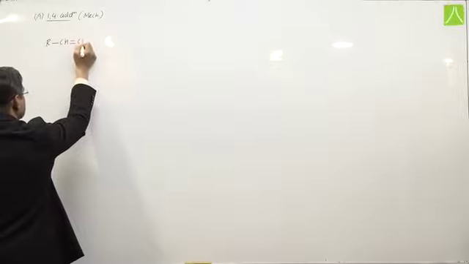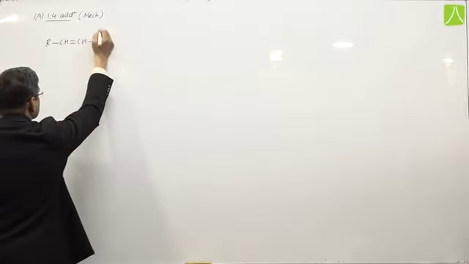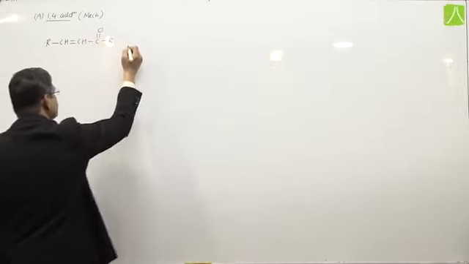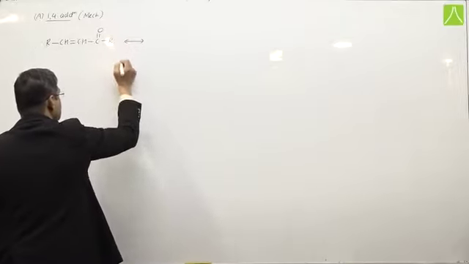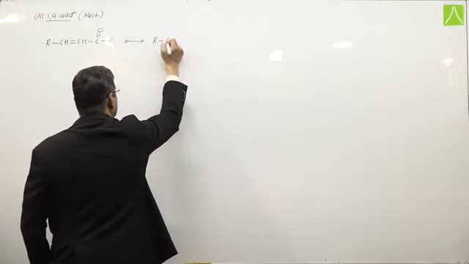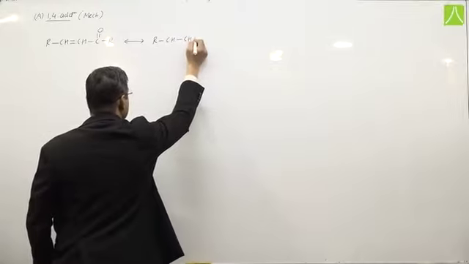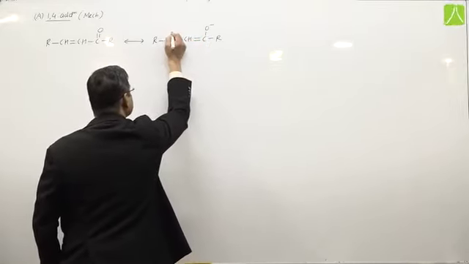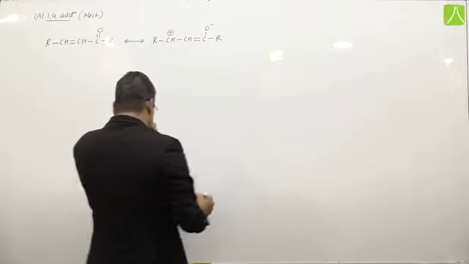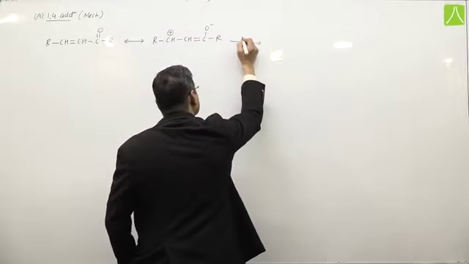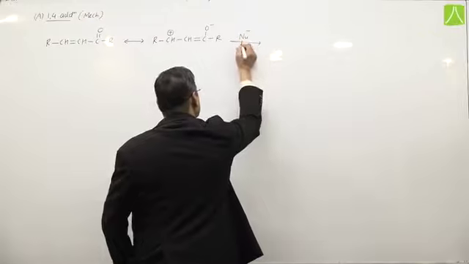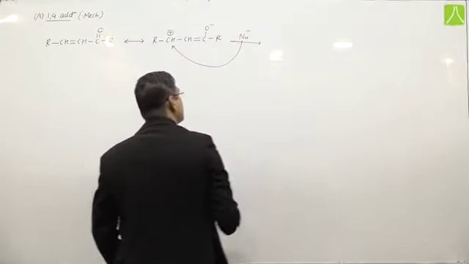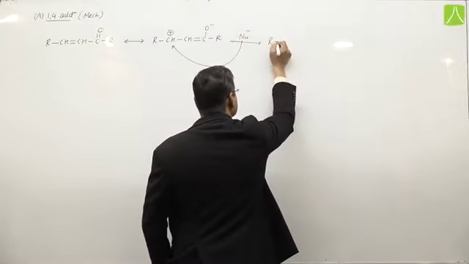RCH, CH, COR. Resonating structure is like this: R CH CH double bond C O minus R. So on reaction with nucleophile, it goes to the carbon of alkene.